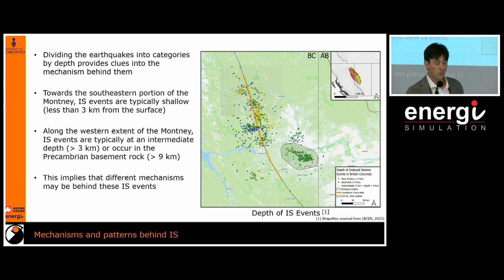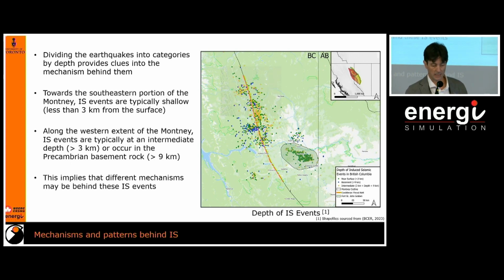What you notice is that there are different types of seismicity. In particular, the depth of the seismicity depends on where you are. So the green area is a cluster of seismic events, induced seismicity, that is actually at the same level as the completion, about 2 to 3 kilometers.